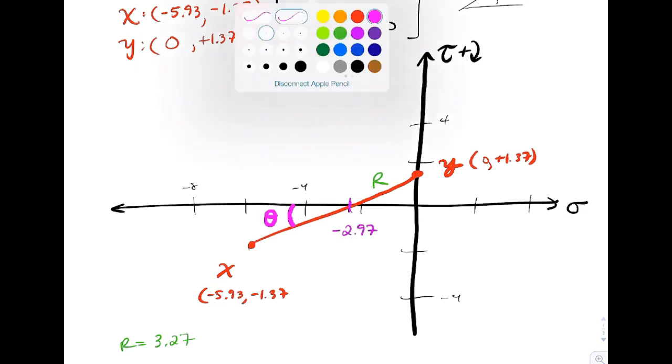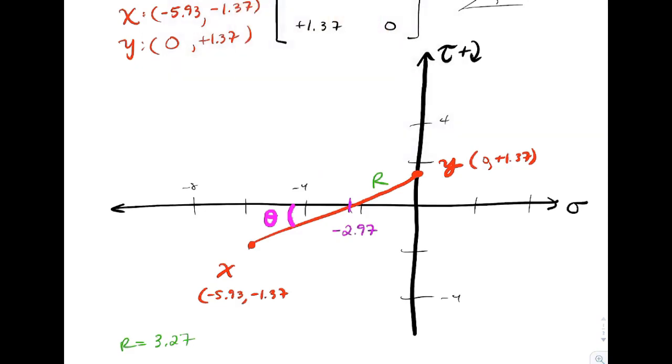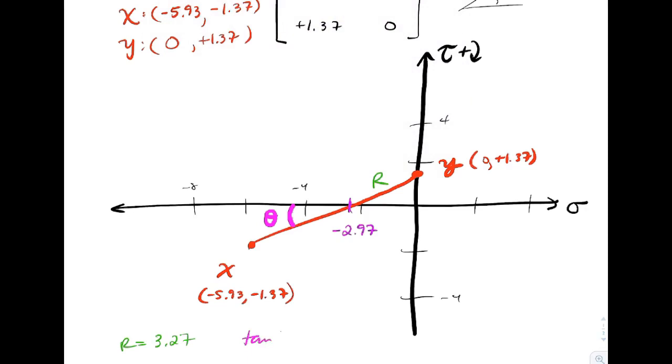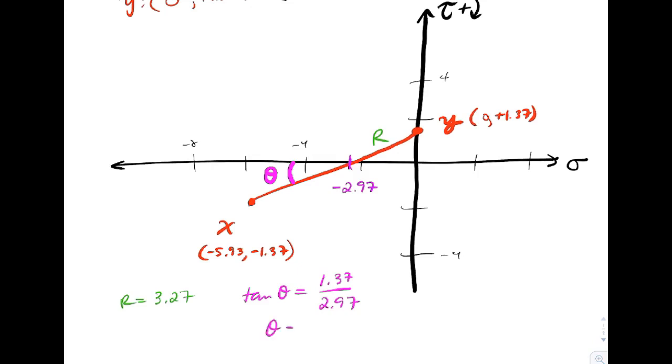So that angle theta is one that we know, and so we'd be able to calculate it. The tangent of the pink theta would equal 1.37 divided by 2.97. So it would give us an angle of the pink theta of 24.8 degrees. So I'm just going to put 24.8 degrees right there.